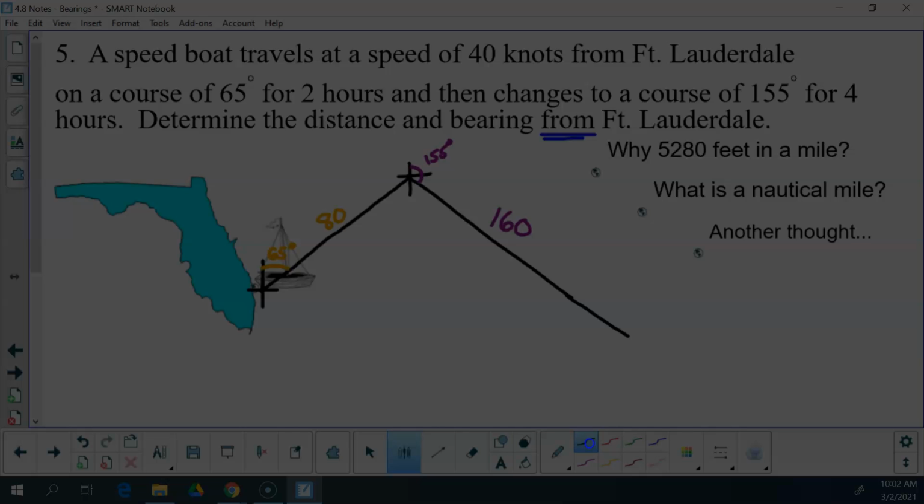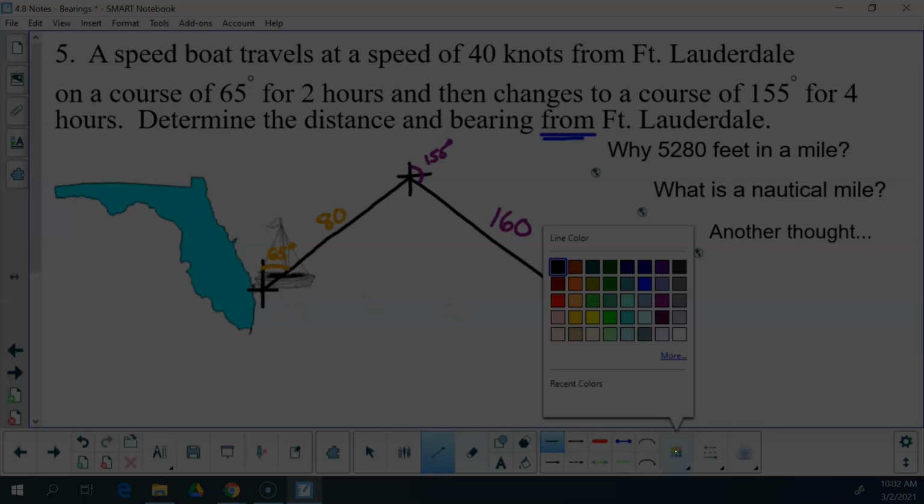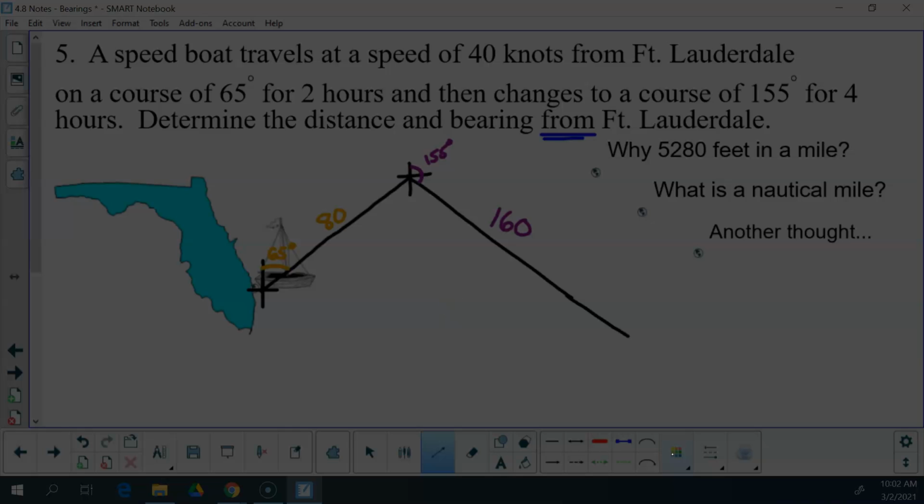Okay. We need to find, I will put it in red, that red side.